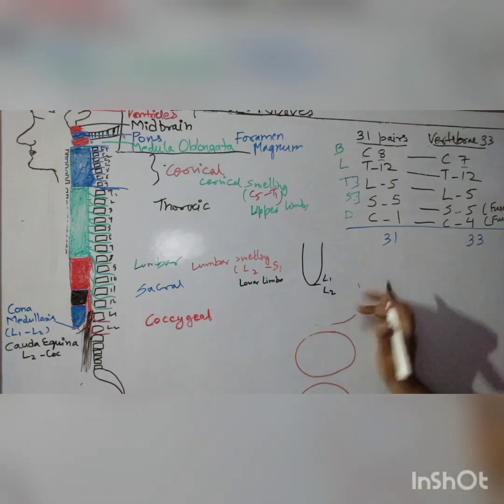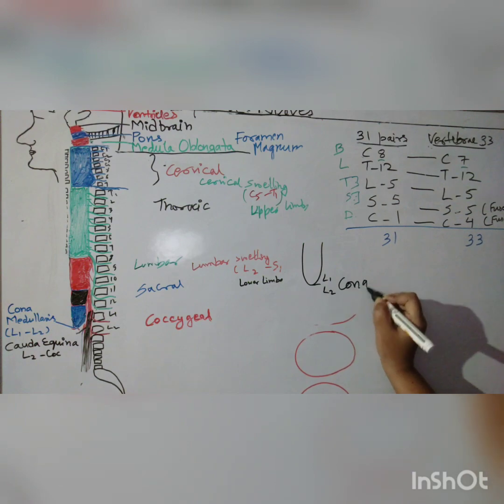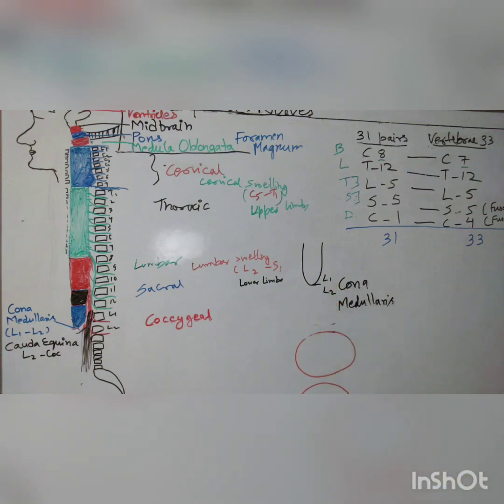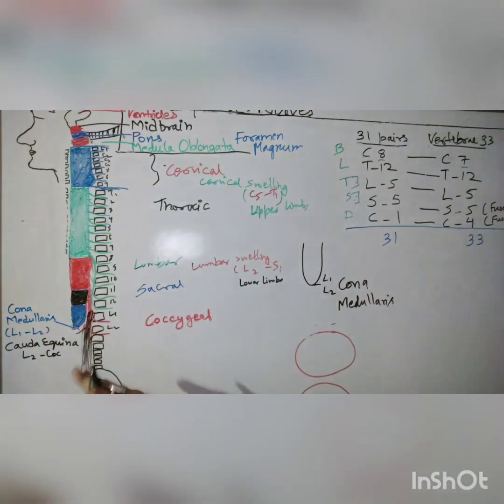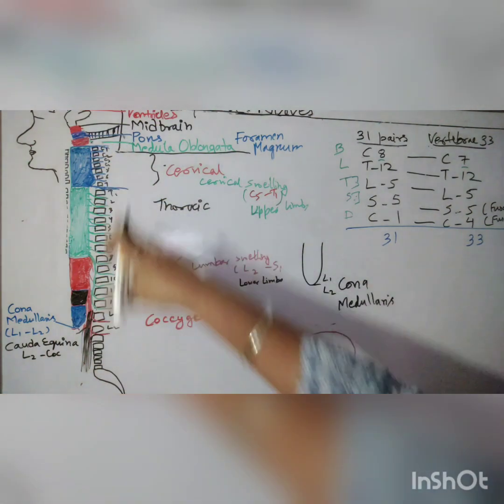This part is called conus medullaris. It lies between L1 and L2. It ends at L1 and L2. The spinal nerves continue throughout the vertebrae.